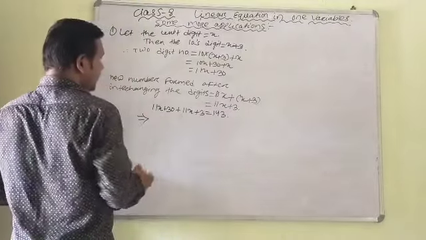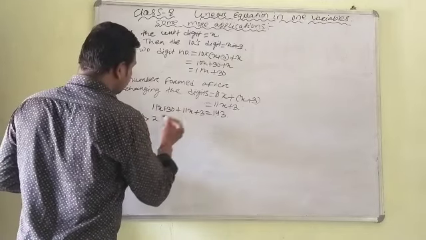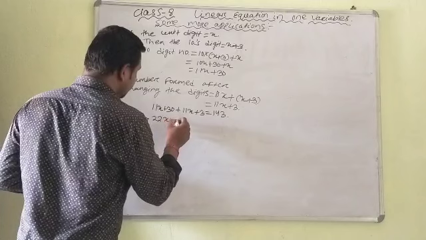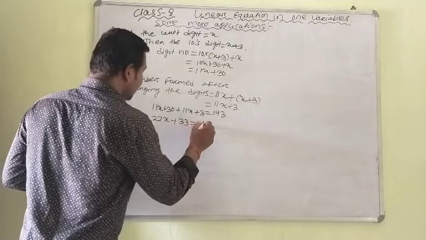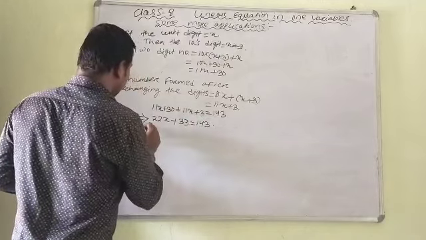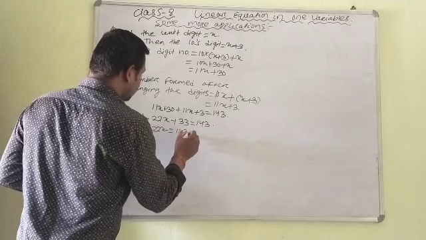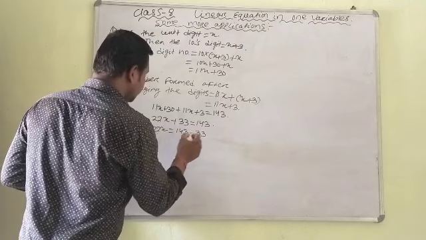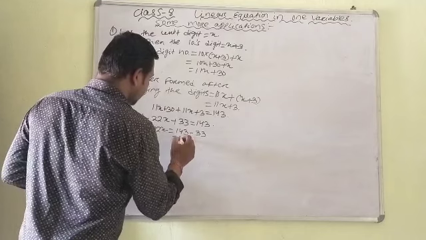So now add variable with the variable. So 11x plus 11x, that is 22x, plus 30 plus 3, 33, equal to 143. Now 22x equal to 143 minus 33, which is equal to 110.